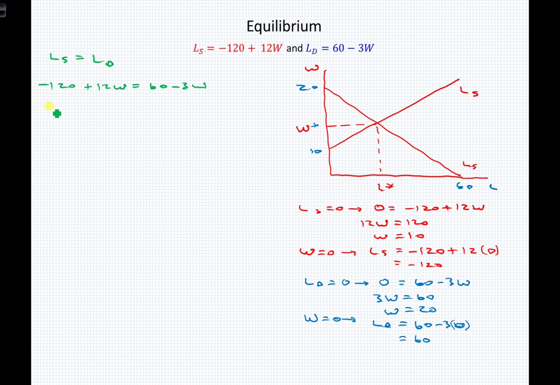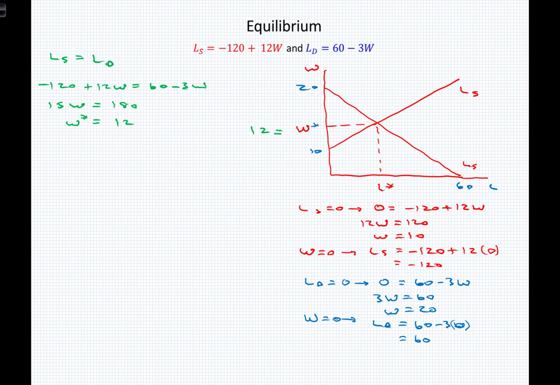Or if we rearrange this algebraically, we have 15W being equal to 180, or W being equal to 12, which really is W star. So 12 equals W star.